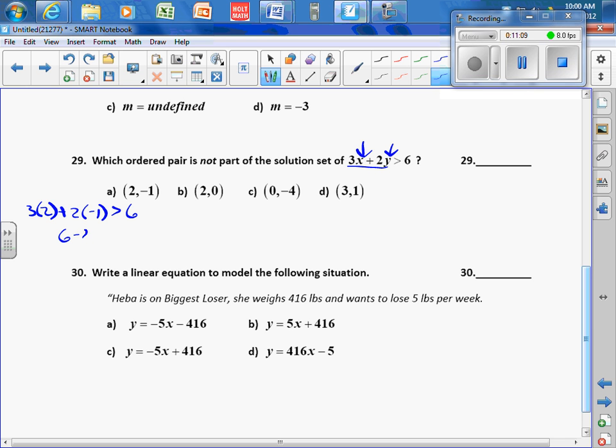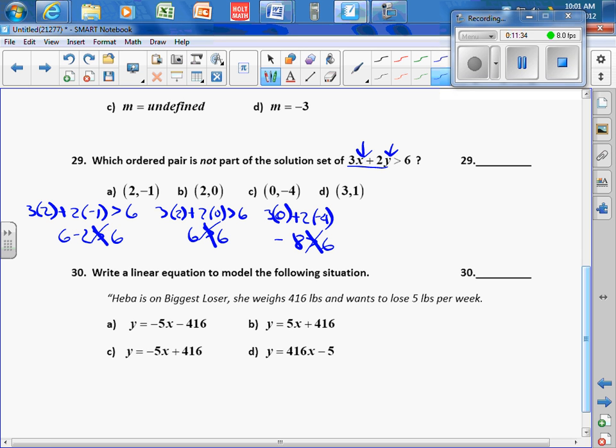Well, that's 6 minus 2 is greater than 6. That's out. 3 times 2 plus 2 times 0, is that greater than 6? Well, 6 is equal to 6, so that one's out. 3 times 0 plus 2 times negative 4. Is negative 8 greater than 6? No, so it's probably going to be D.